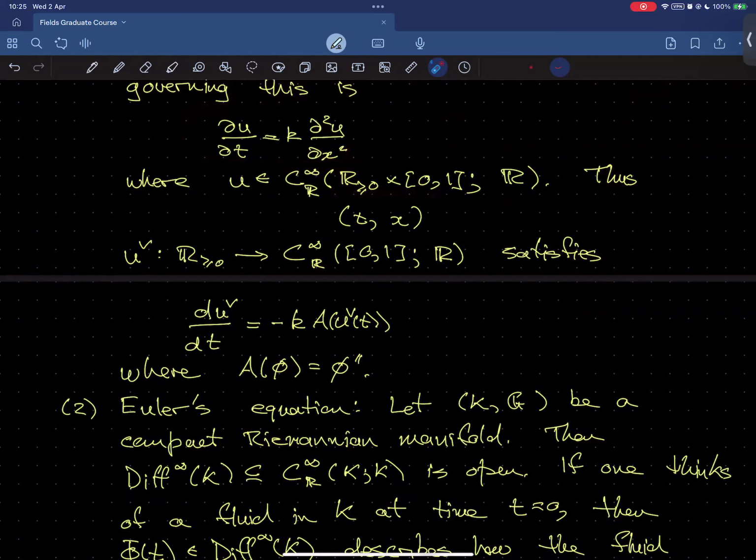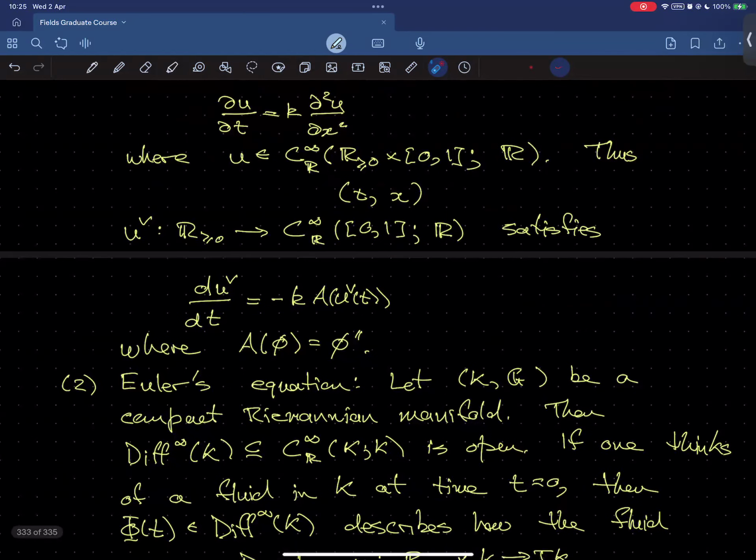What I can instead do is consider the check of this, okay? And the check of this says now, as a function of the first argument here, which is t, I have a mapping from the interval [0, 1] into R. So in this sort of formulation, I have a time-dependent family of mappings, right?